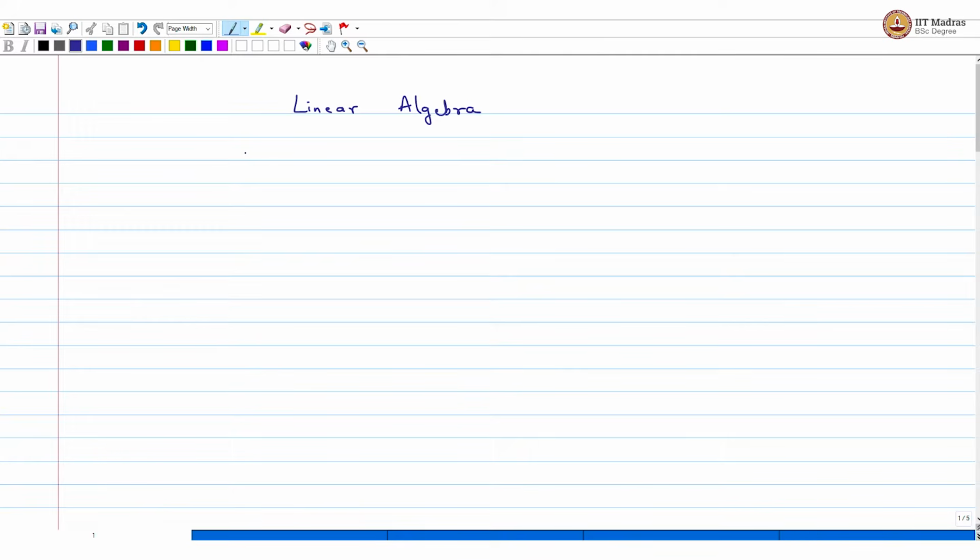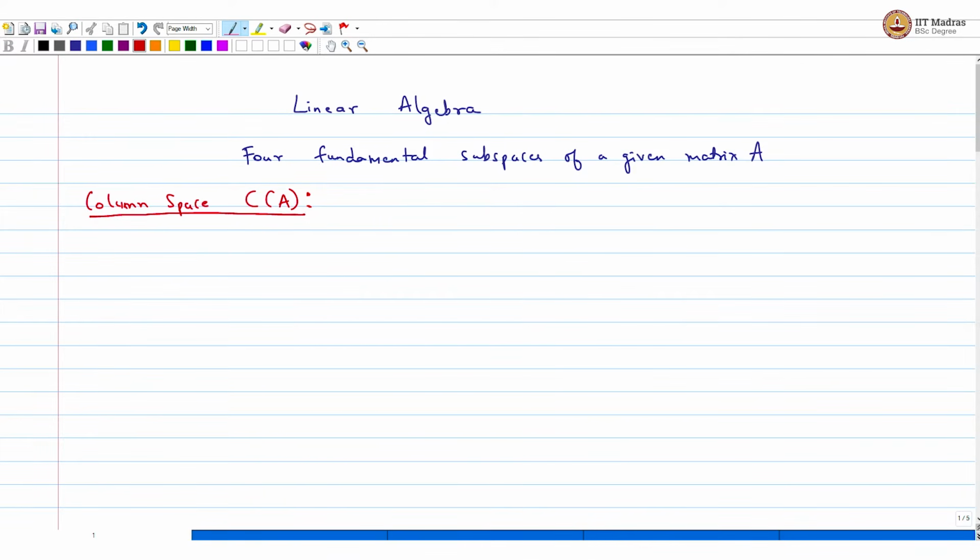We'll be looking at the 4 fundamental subspaces for a given matrix A. First one is the column space, let's say C of A. Now, for simplicity, suppose A is this matrix with columns U1, U2 until Un.